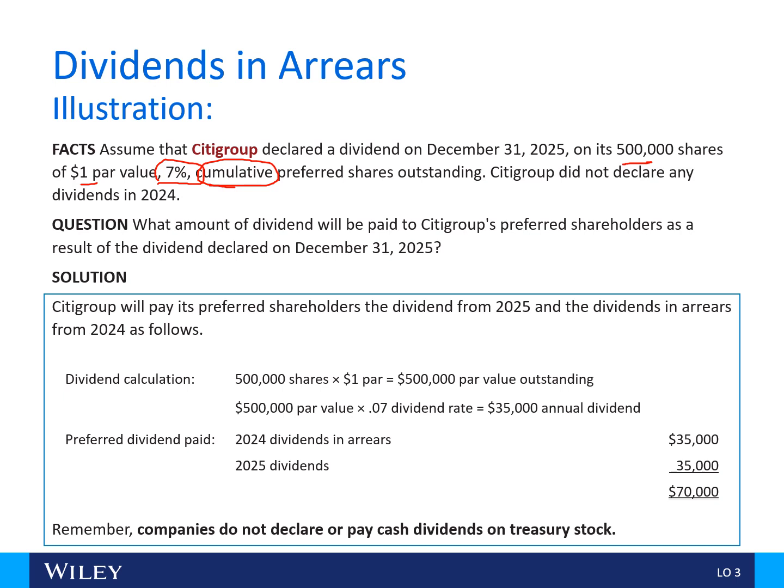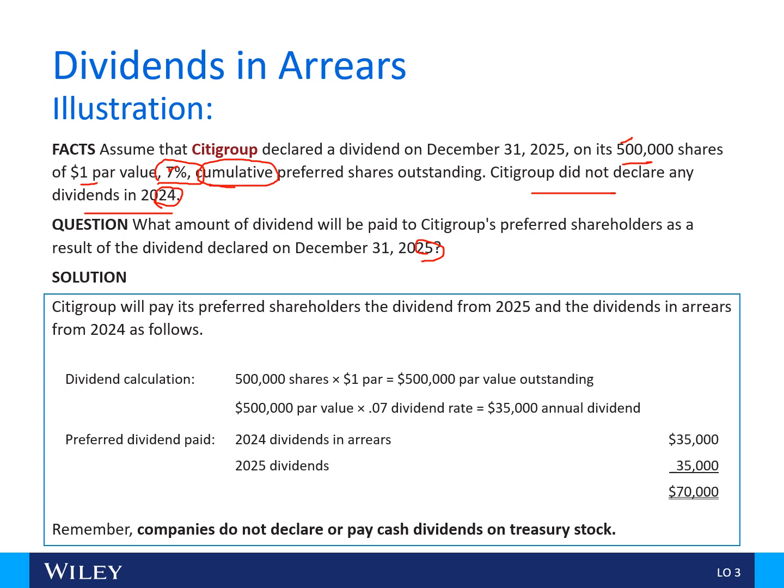Again, they're telling you here that Citigroup did not declare any dividends in 2024. In 2025, they said they're going to go ahead and pay dividends. So what happens here is that the preferred shareholders are going to receive the 2025 dividends and the 2024 dividends. They're going to receive 7% of $500,000, which is $35,000 in preferred dividends.